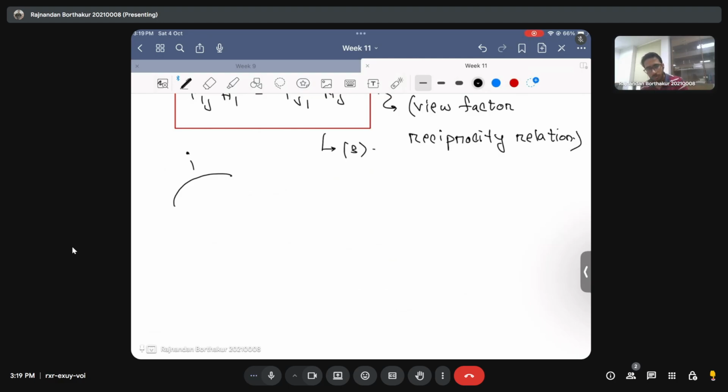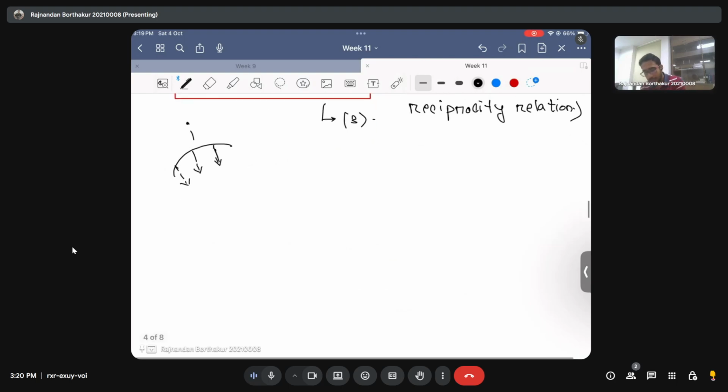So for the radiation being emitted by this surface I in all possible directions, again considering that I is a diffuse emitter, you can form a fictitious number of, let's say, surfaces, and these surfaces start from 1, 2, and go up to the nth surface.